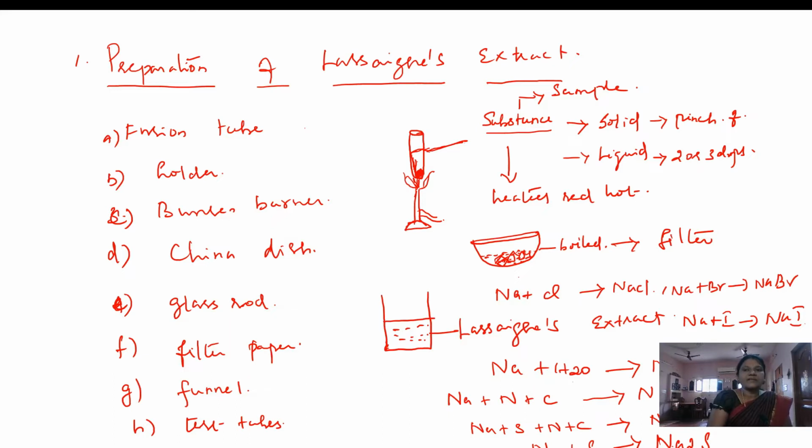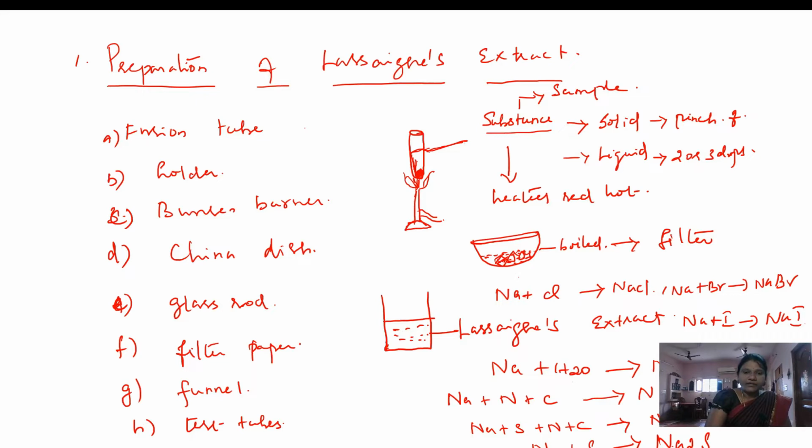Why is it stored under kerosene? It is highly reactive with water. Therefore, it even catches fire with the moisture present in the air. Therefore, it is stored under kerosene. We take a small piece and press it with filter paper to remove the kerosene.